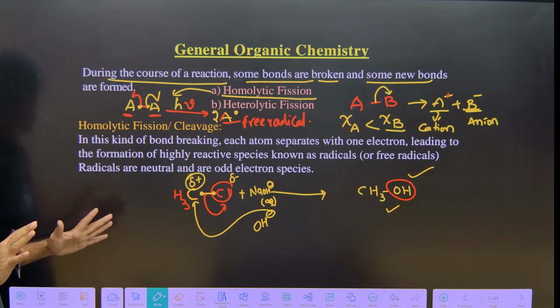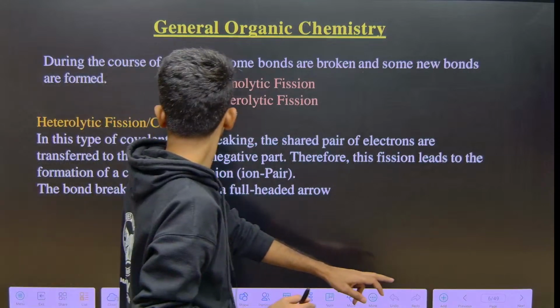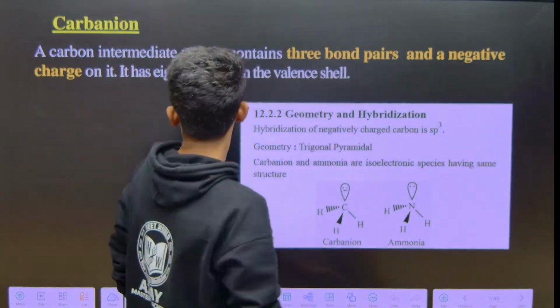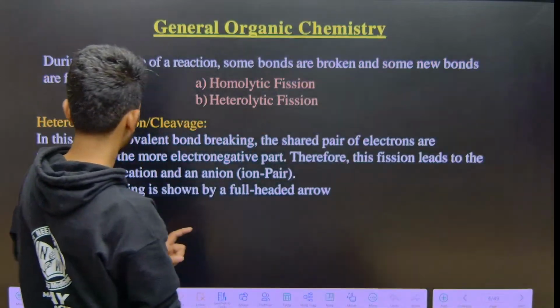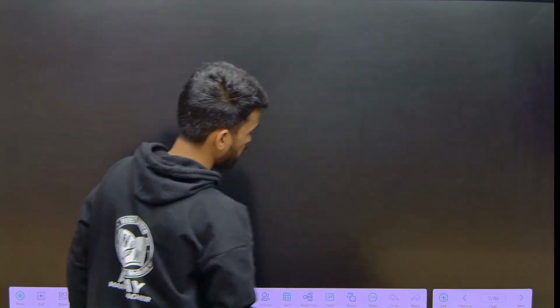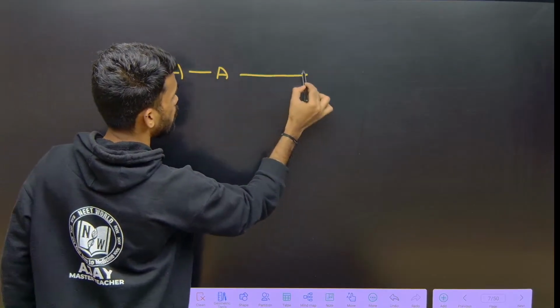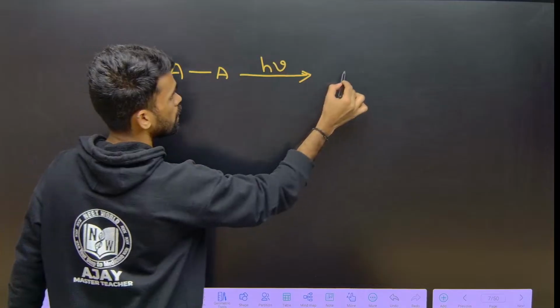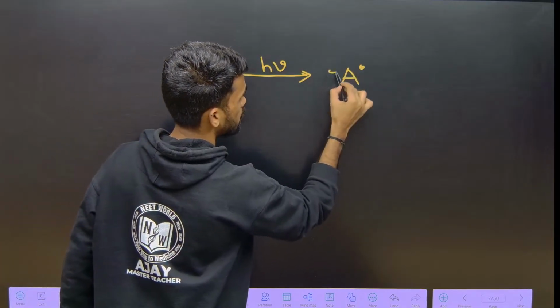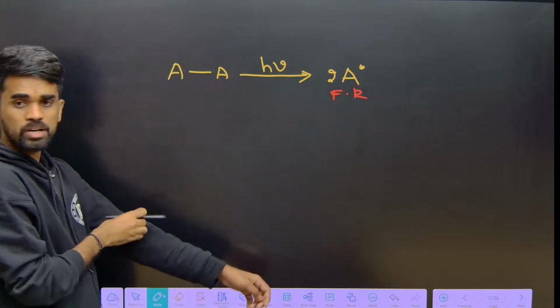Let us move forward with a few more terms to be understood here. In the previous case, if I have an AA type, then upon passing some sunlight we get A dots like this, the free radicals, FR.